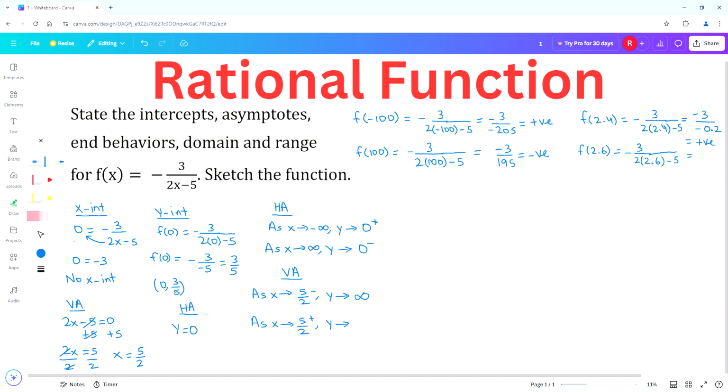In the denominator, 2 times 2.6 is equal to 5.2. 5.2 minus 5 is 0.2. The overall value will be negative. So y approaches negative infinity on the right side of the vertical asymptote.